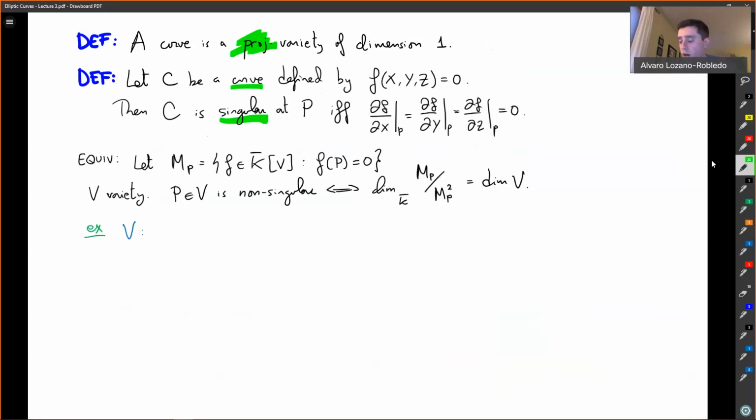So whenever we check singularities, we need to check in all charts, basically. So we need to know that it's non-singular as a projective variety. Okay, so let V be this curve.